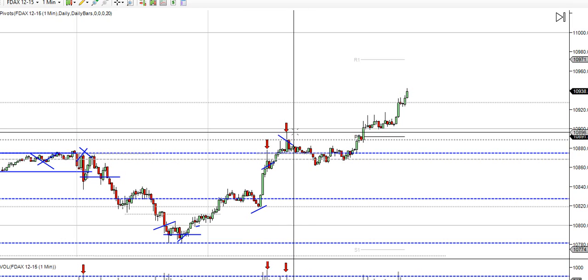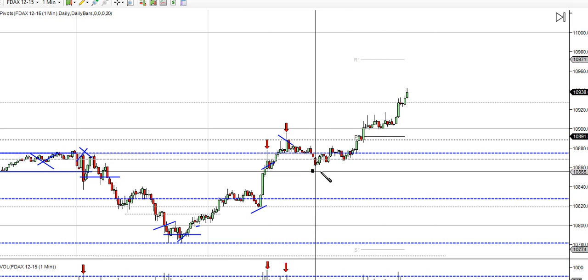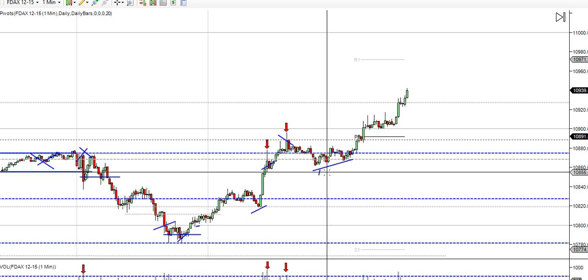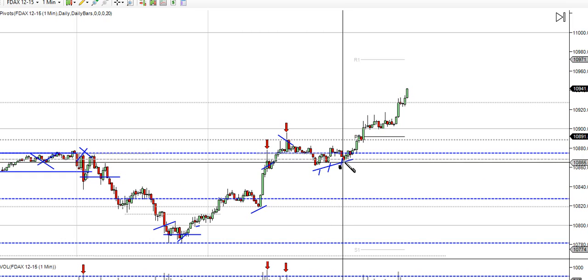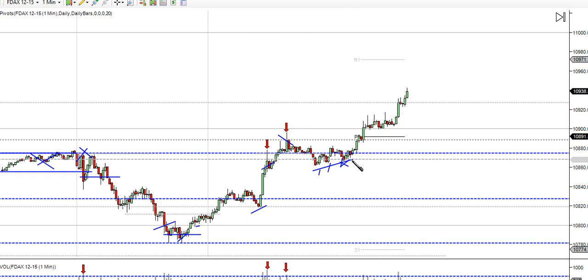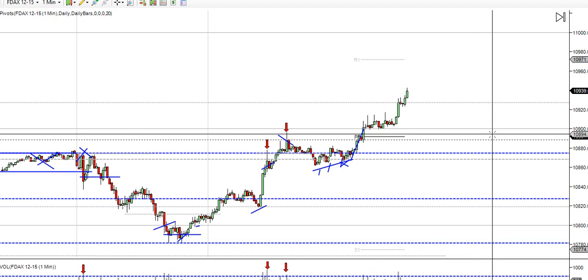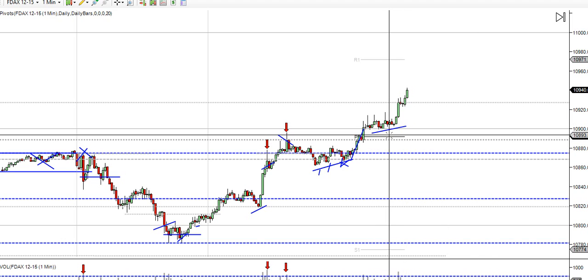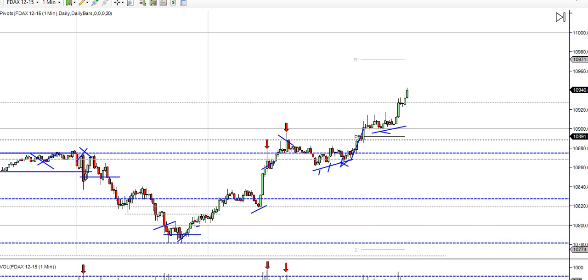Initially held the resistance here at pivot point, then made a series of higher lows here with support at day's open price, then rallied back above 900s, broke it out, held this support here, support here at 900.